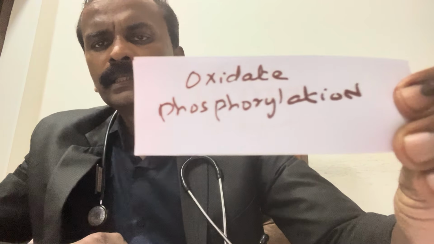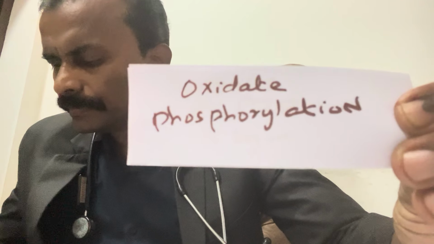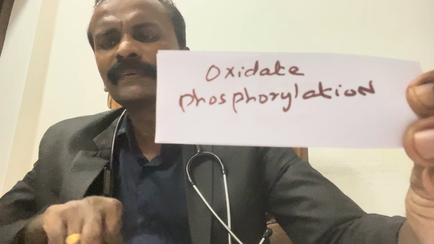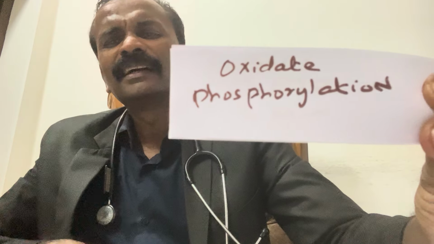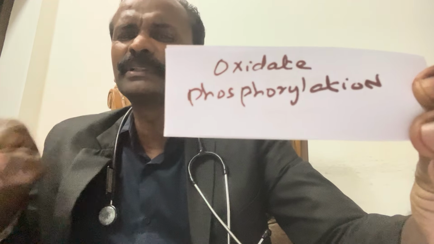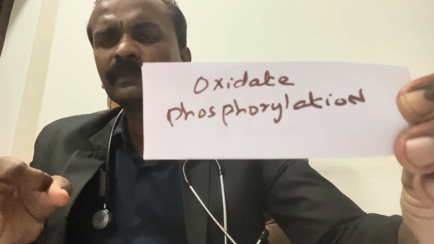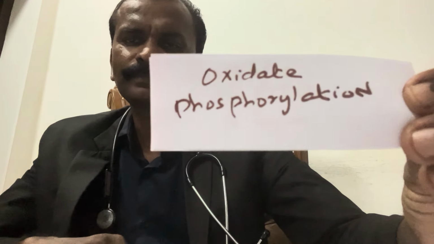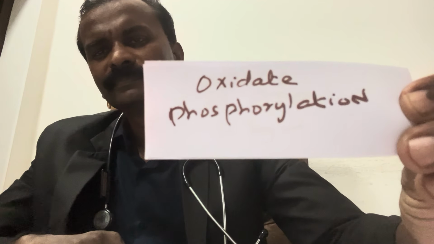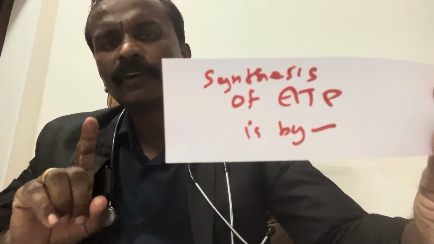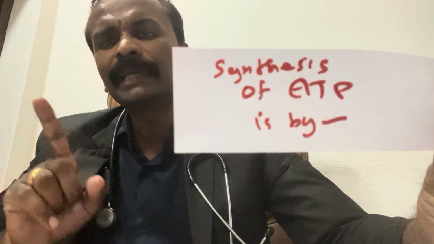The answer will be oxidative phosphorylation. Or they will keep phosphorylation, or they will keep oxidation. They will keep any one choice. What is the question? Formation of ATP is by dash reaction.